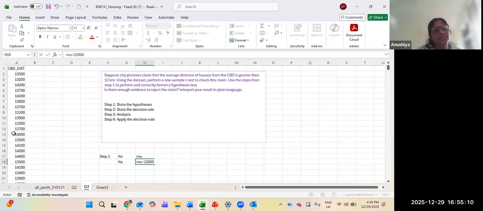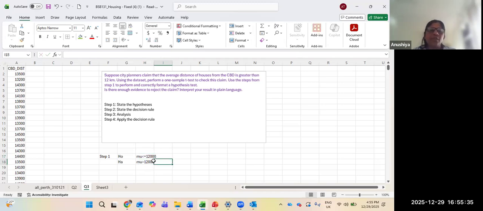Since the data is in meters, I'm going to perform the hypothesis test in the same unit. So instead of using 12 kilometers, I use 12,000 meters. So the null hypothesis is mu is less than or equal to 12,000.